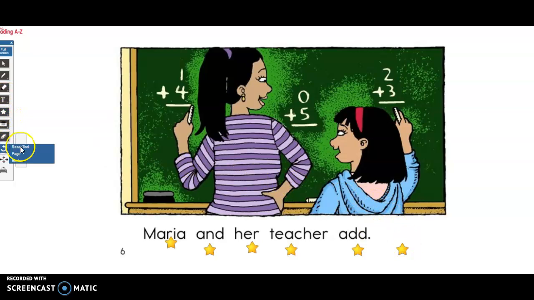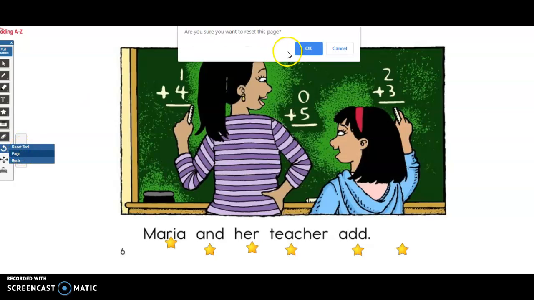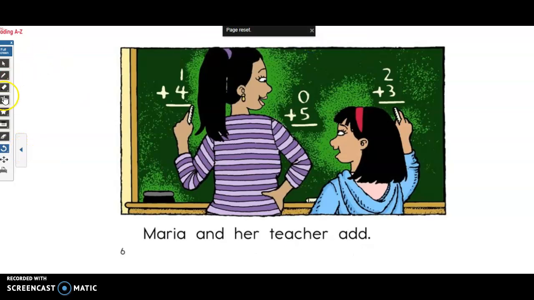Let's erase that and try again. Ooh, I'm going to look closely at this picture. Oh, I noticed they're adding, right? So let's try with the word add. Let's see if that makes sense. Maria and her teacher add. That makes sense. And I looked through the whole word. I got my mouth ready. Add. Maria and her teacher add.